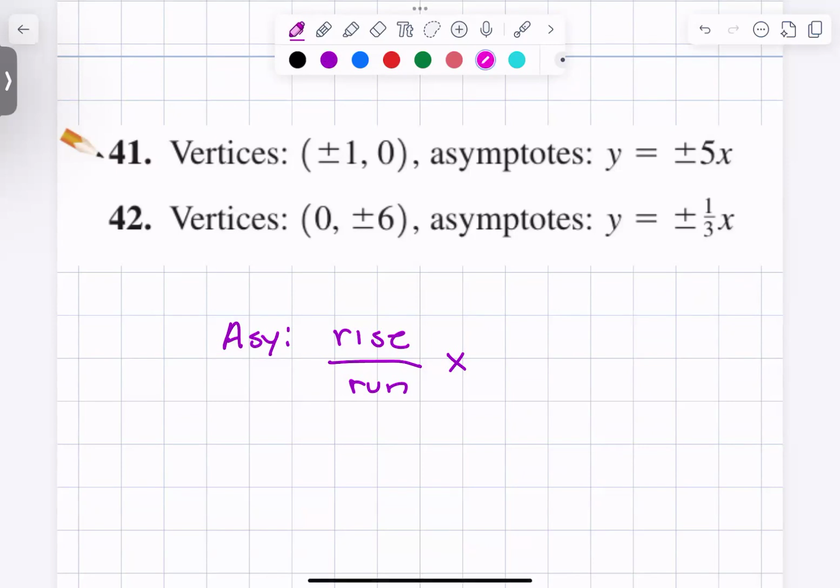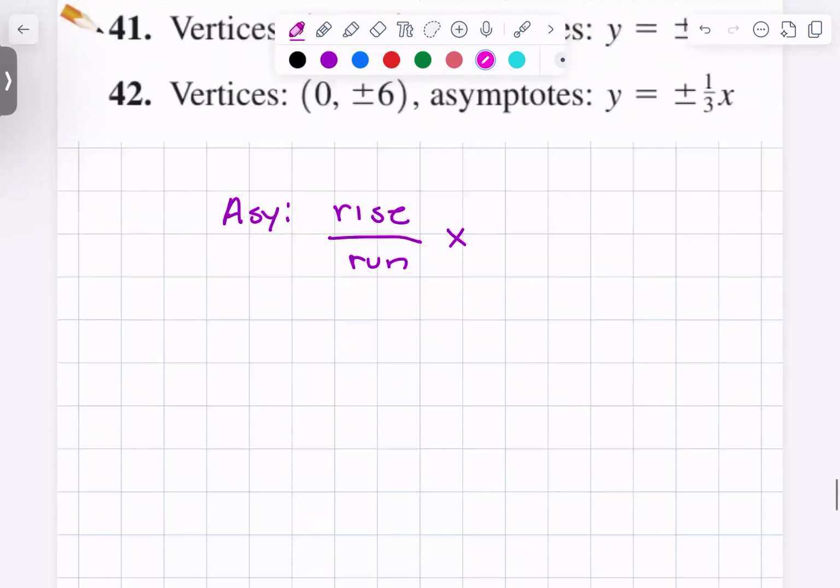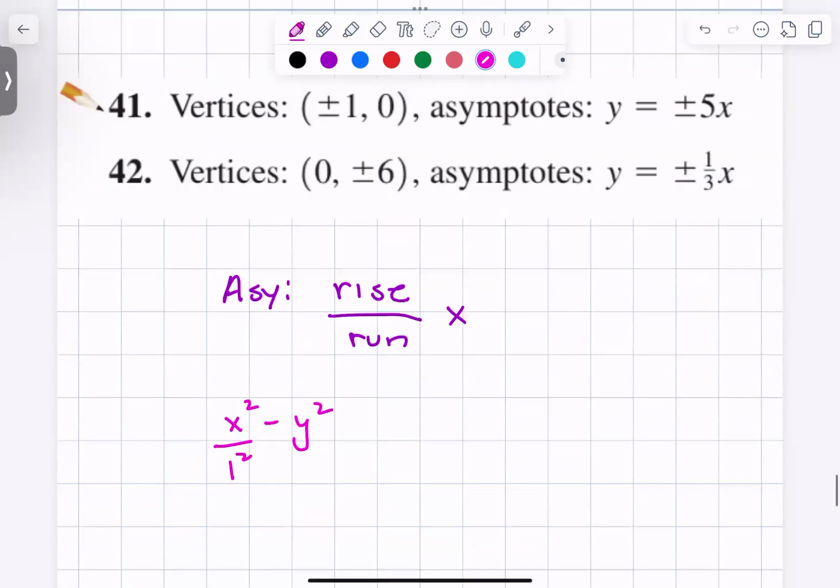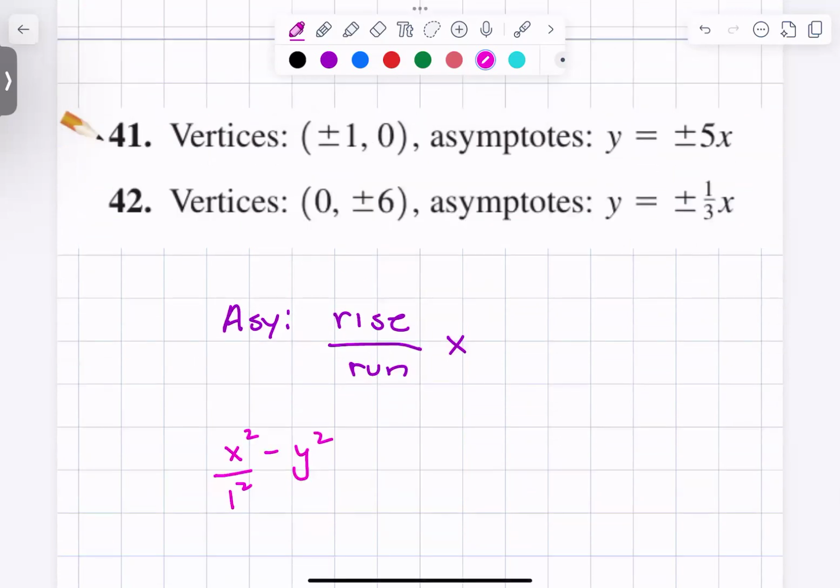Is it going to look like this or look like this? It's going to look like this. It's going to be a horizontal. So it's x squared minus y squared over 1 squared, right? I put 1 squared there because my vertex is at 1. Cool? Equals 1 here.